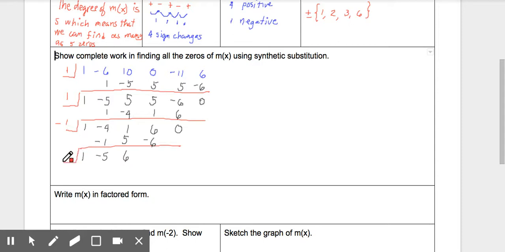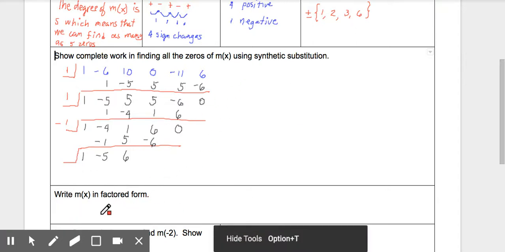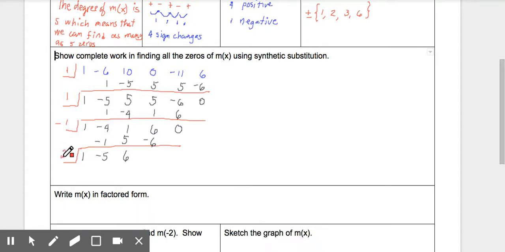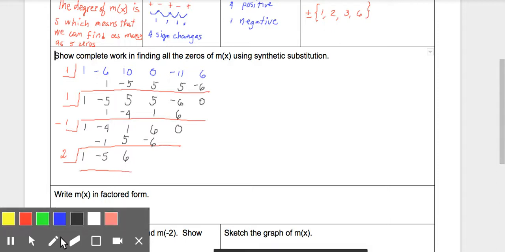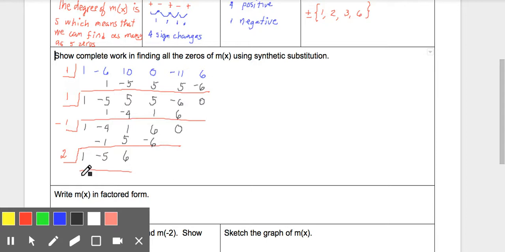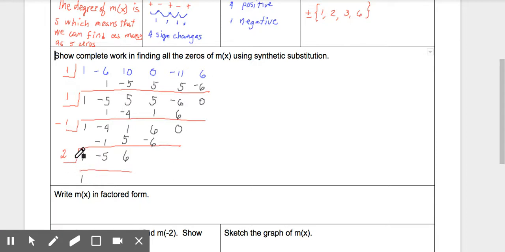So let's try this time. Let's try if 2 will work. So let's see if 2 works. So bring down 1. 1 times 2 is 2.